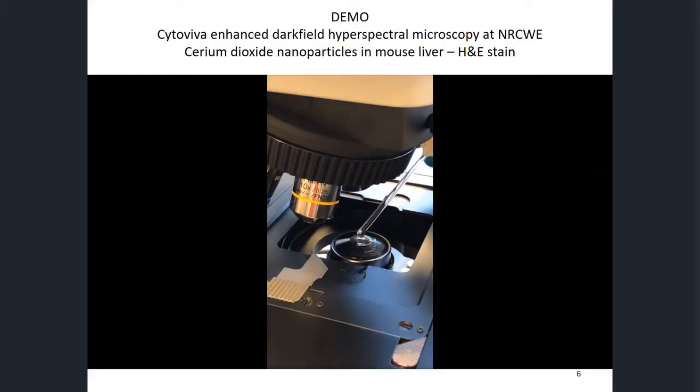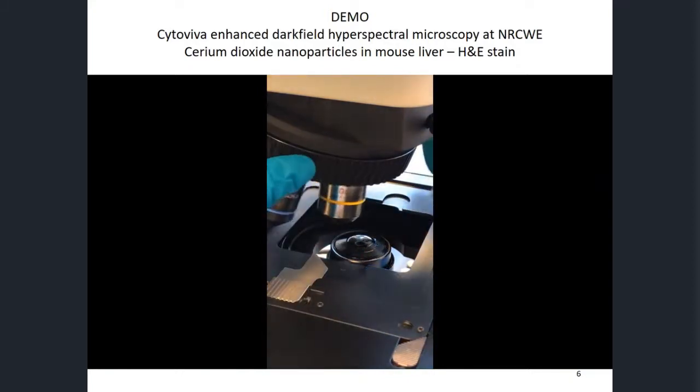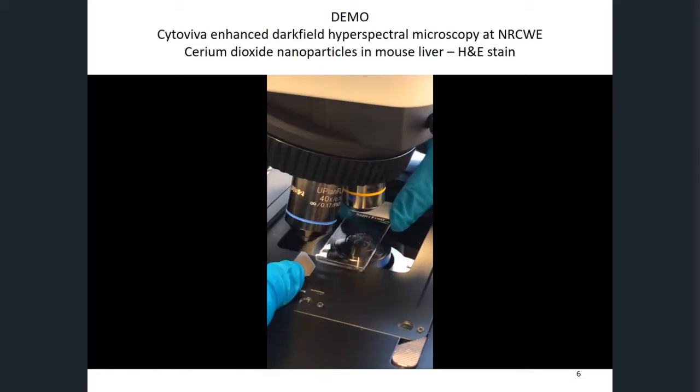Add a few drops of immersion oil to cover the lens completely. Now you're ready to mount your sample, and the sample should be thin enough to allow light to transmit through the sample.